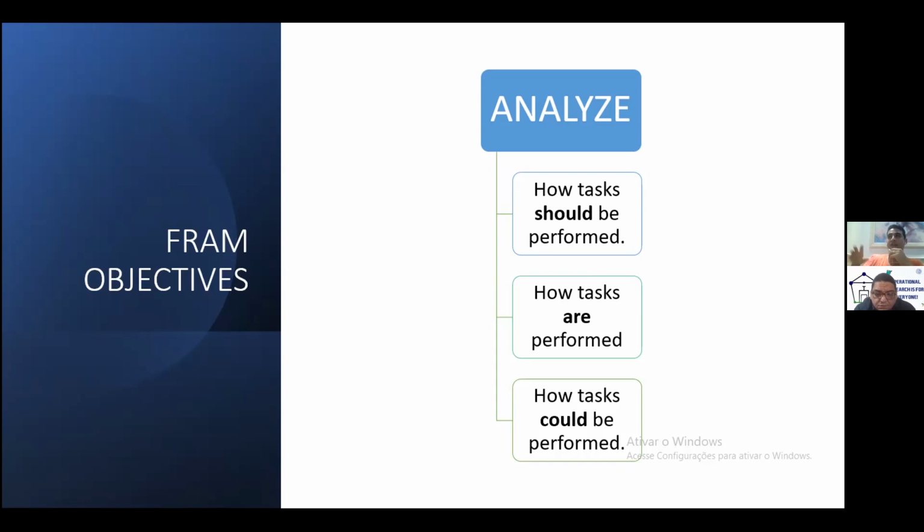Normally they do the way they think is correct. So this is how tasks should be performed. They think the way they think. But when FRAM comes into play, we can make a system where we are closer to how things really are done and how they really behave between themselves.